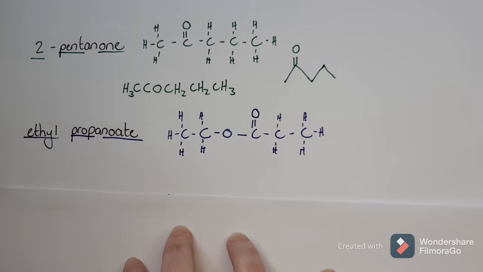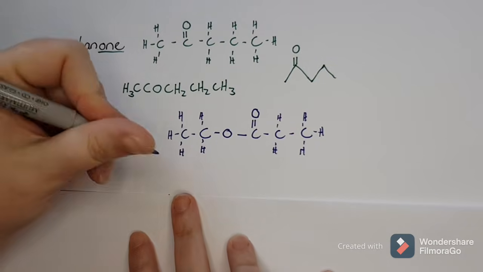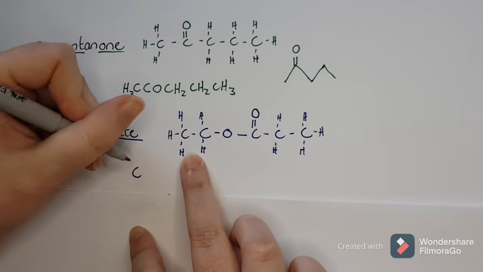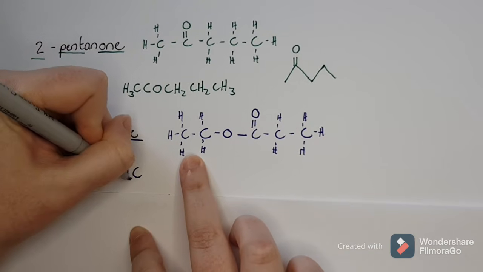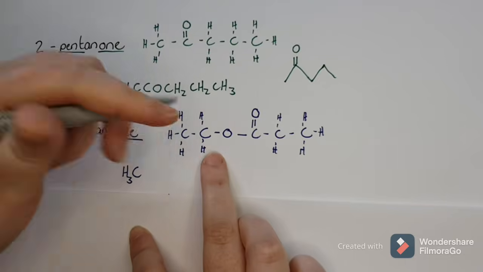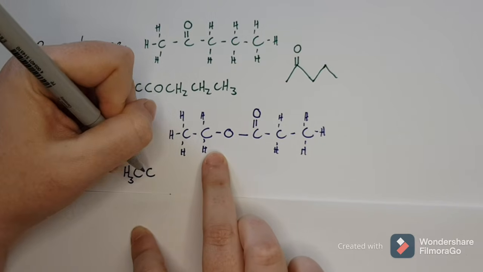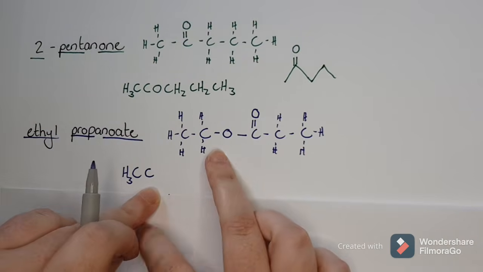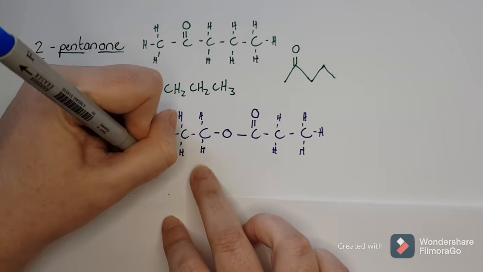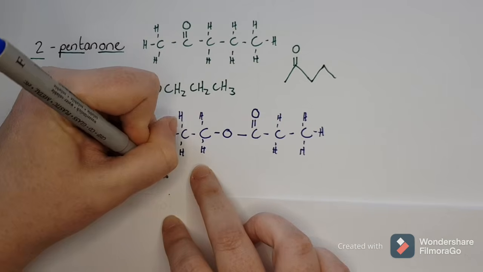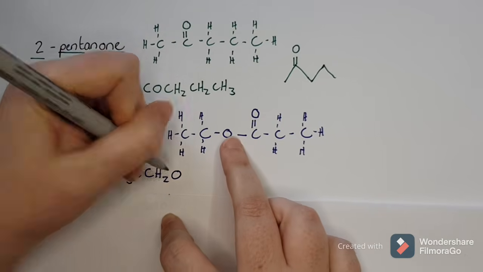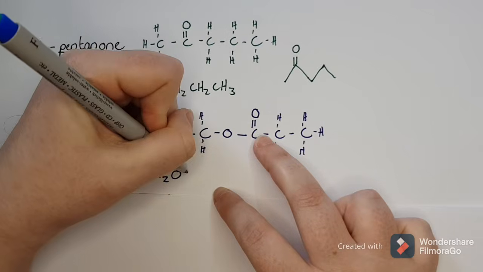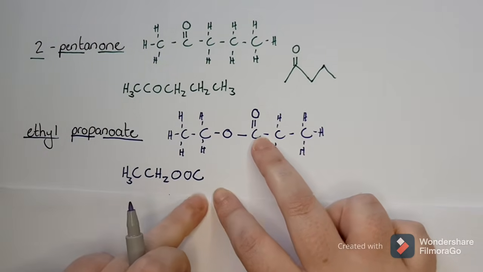So now if I want to write that structurally, I start with a carbon, and that carbon has 3 H's on it. Then my next carbon has 2 H's on it, which is then attached to an O, and then I've got another carbon.